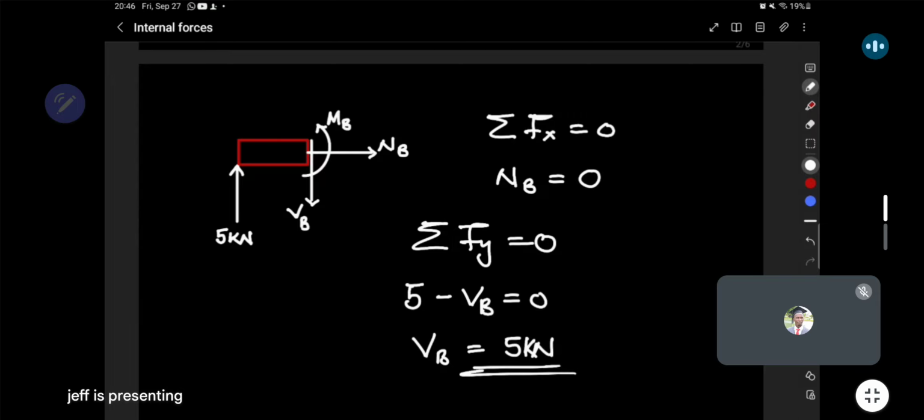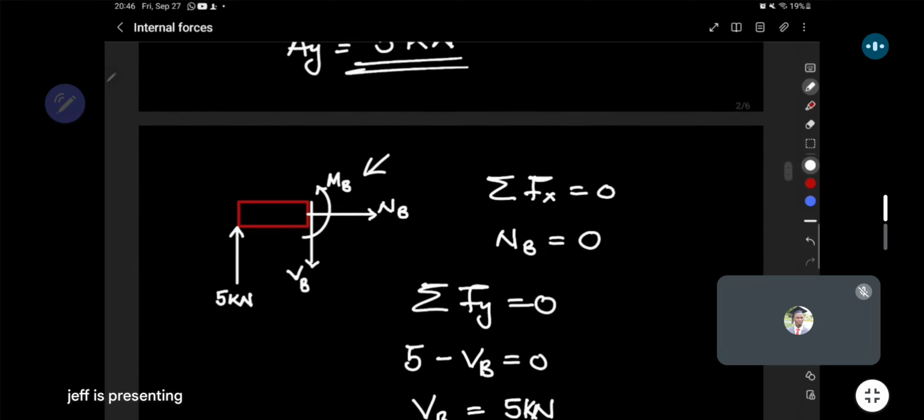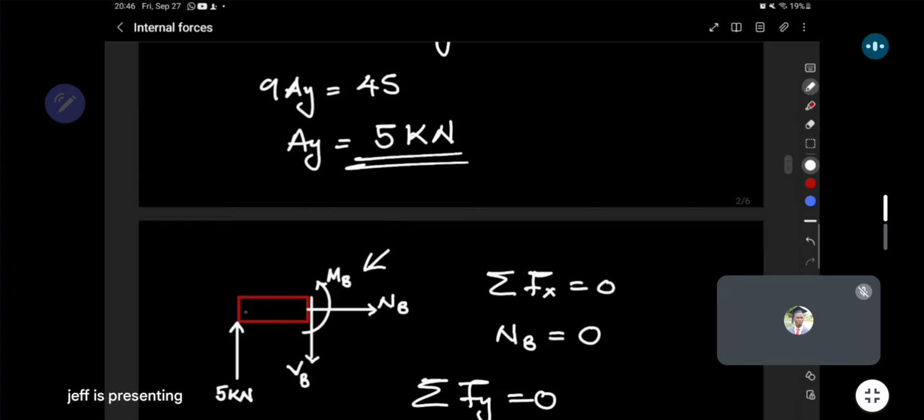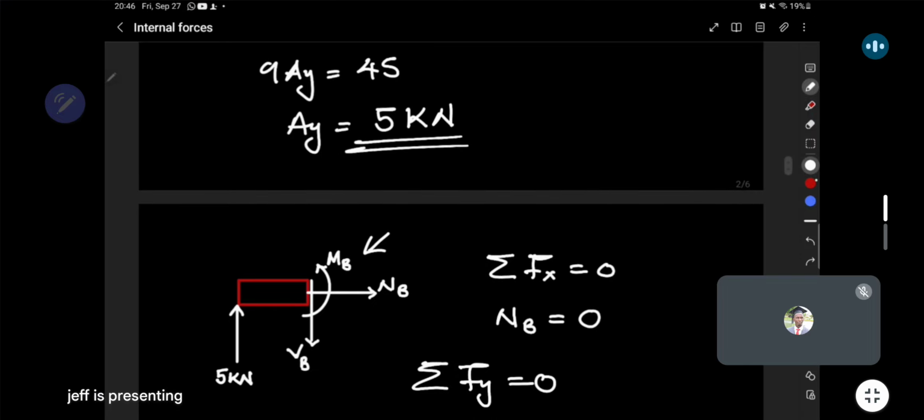Now the only thing left is the bending moment. So to get the bending moment here, you're going to need the distance. The distance from any of the edges, basically wherever you're going to take the moment about, you need that distance. So where are we going to take the moments here? For simplicity, we're going to take the moments right about point B here.